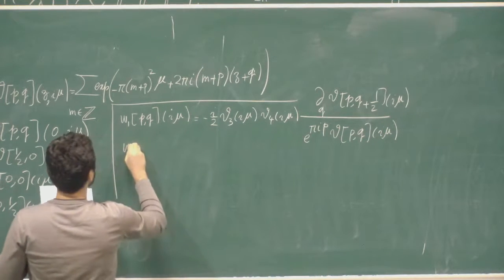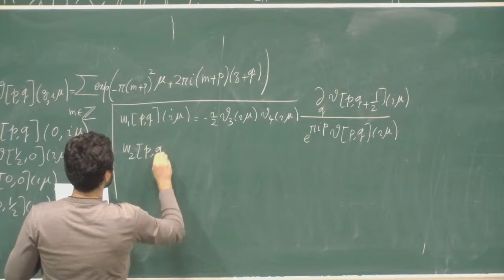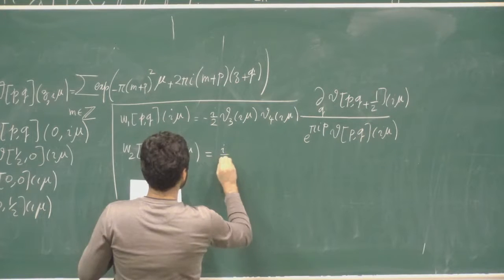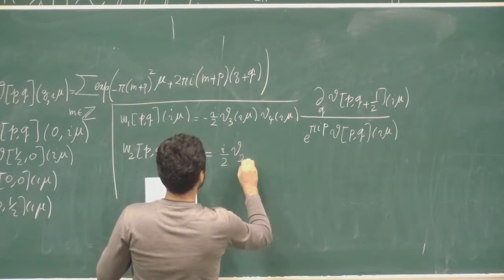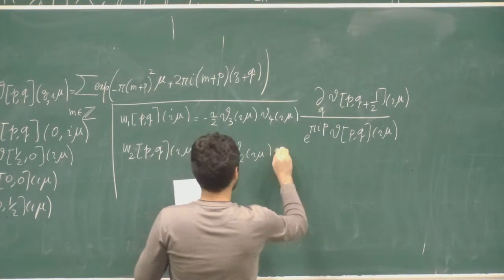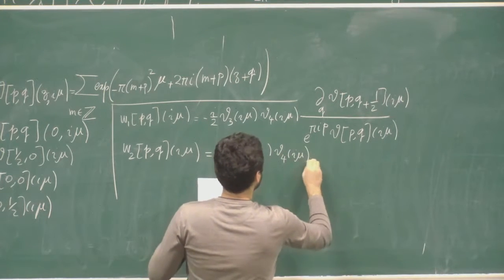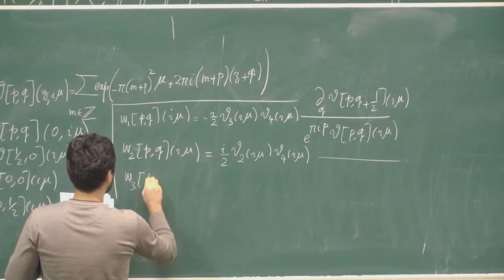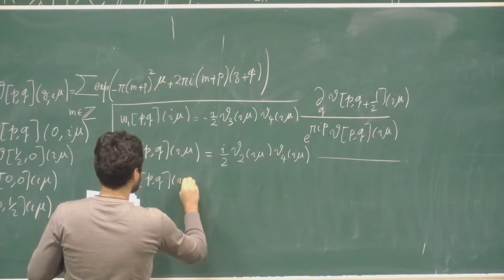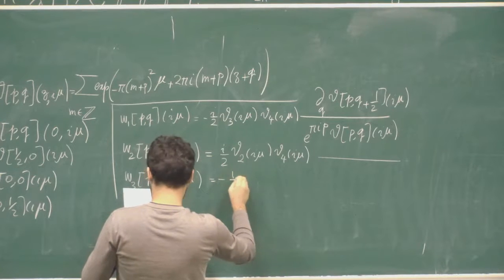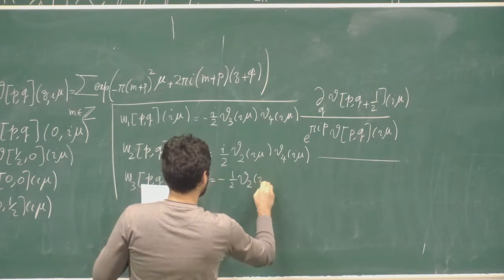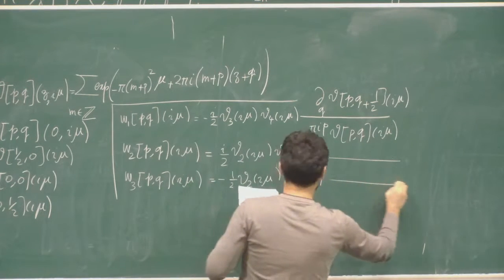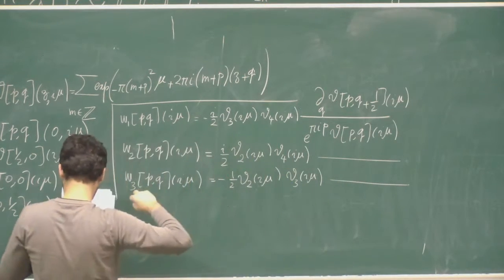Then W2 of P, Q, i mu has a similar formula: theta 2 of i mu, theta 4 of i mu, with a fraction, and theta 3 with another fraction, which are not the same.